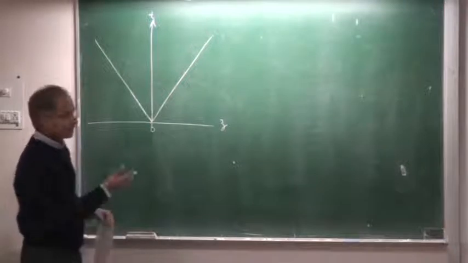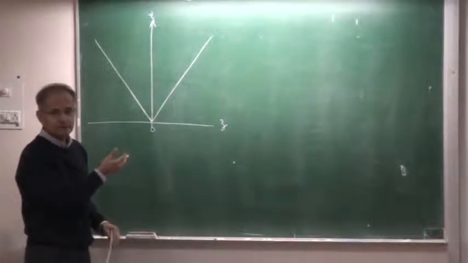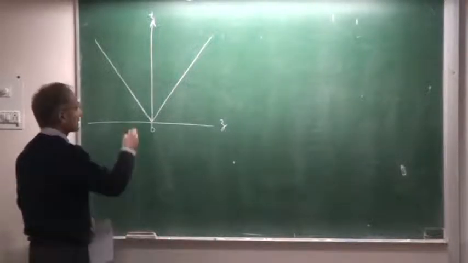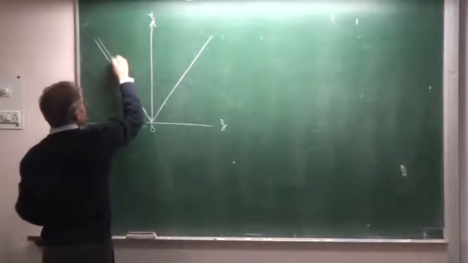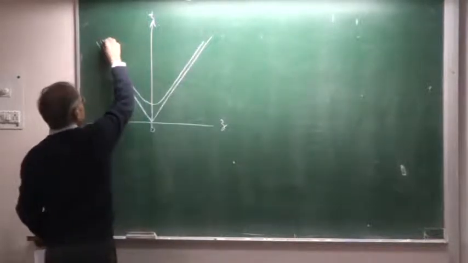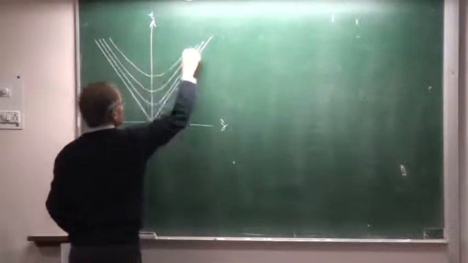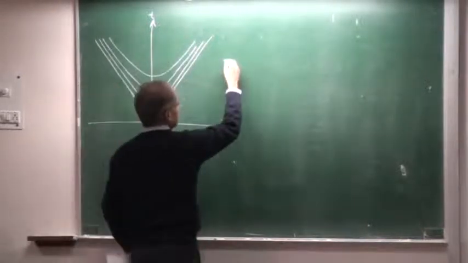And what is that curve? It has constant tau. Those are the hyperbolas. These are the hyperbolas of constant tau.